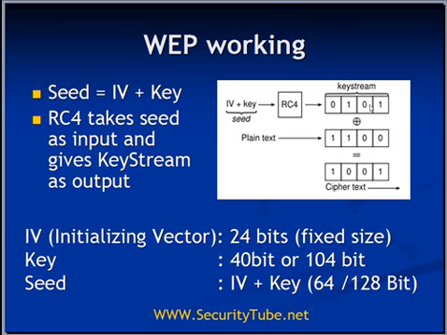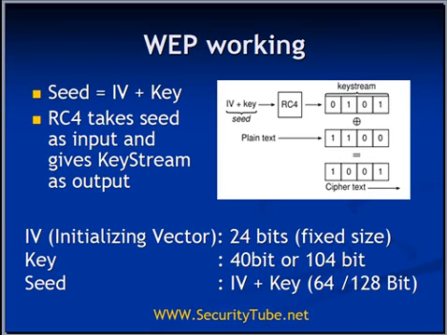RC4 will generate a different key stream every time if the IV is not constant, and thus the attacker will not be easily able to generate the key stream and WEP will not be very easily broken. That was the thought behind introducing the initialization vector into WEP packets.